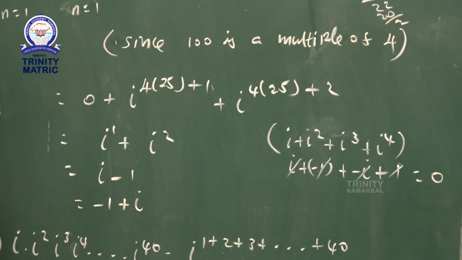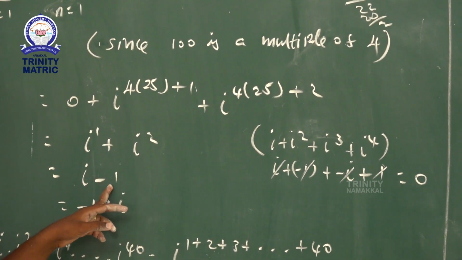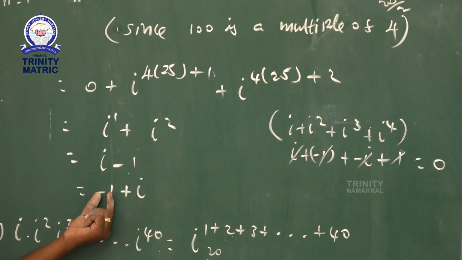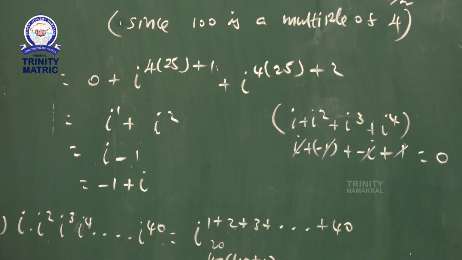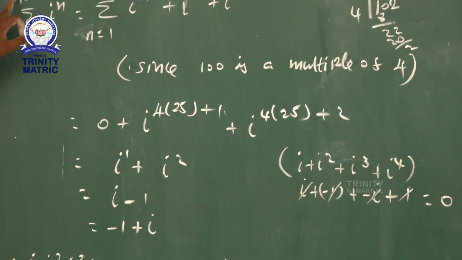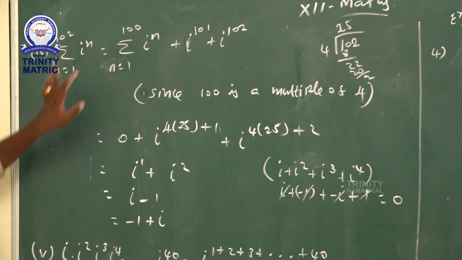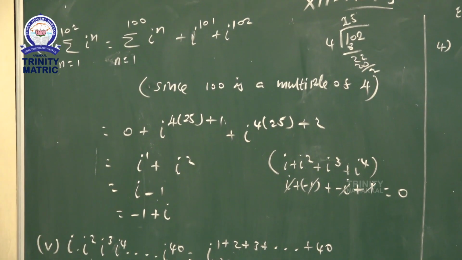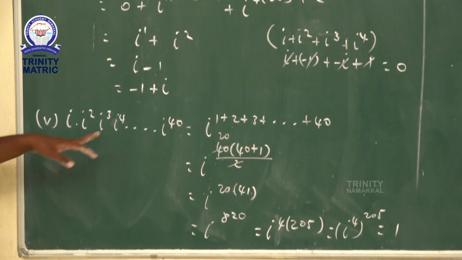So i squared. Here i squared value is minus 1. So minus 1 plus i is the final answer. Here fourth question, summation of n equal to 1 to 102 i power n is equal to minus 1 plus i.